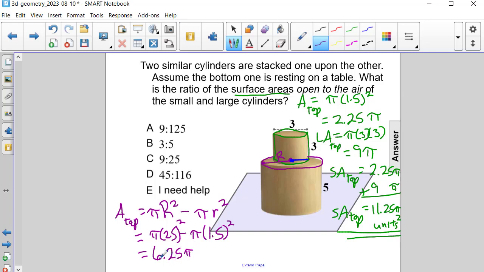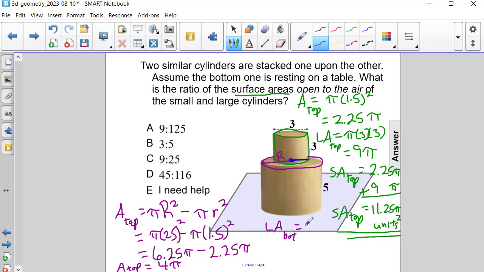You could also think of it as counting 25 quarters. If you have 25 quarters, you have $6.25. Minus, we already found what 1.5 squared is. It's 2 1/4, or 2 25/100 pi. And if we subtract these, we end up getting that the area of this top section is equal to 4 pi.